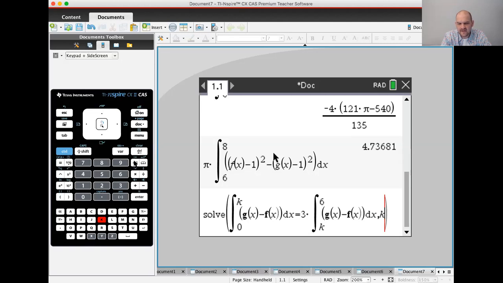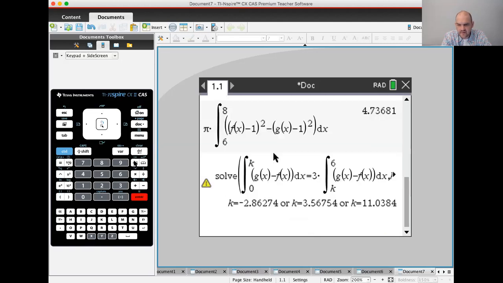Technically k is between 0 and 6. Let's see. All right, k is approximately 3.568. Let's check it and just make sure.